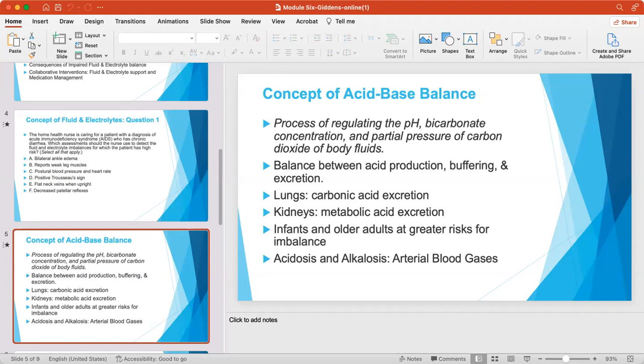This can also involve entry into the body of acids or substances that the body converts to acids, which are acid precursors.